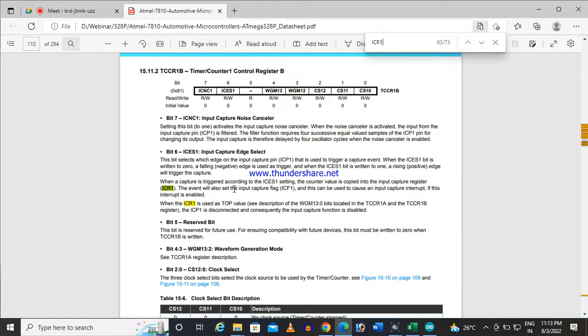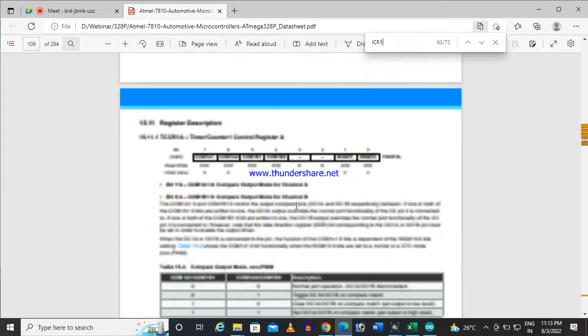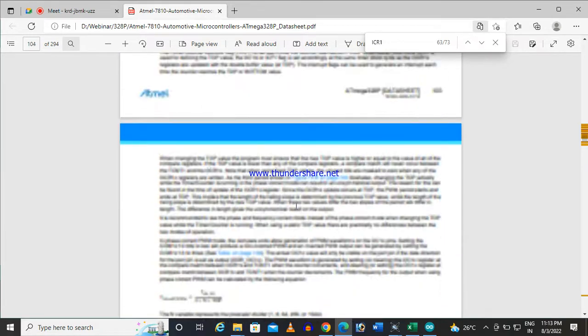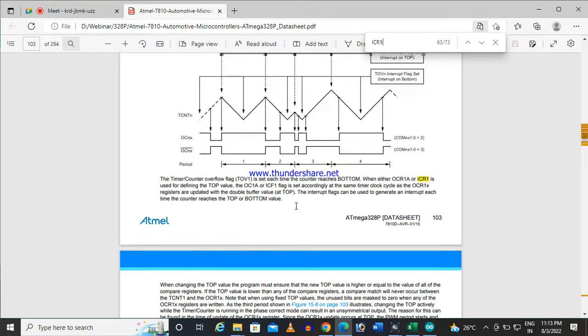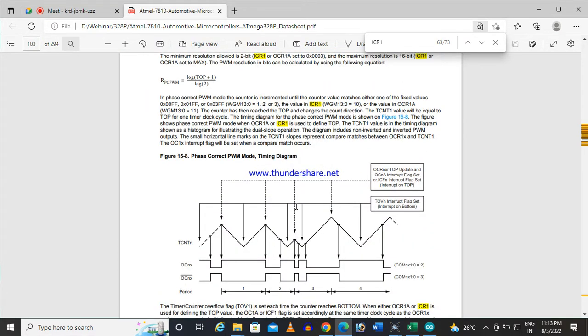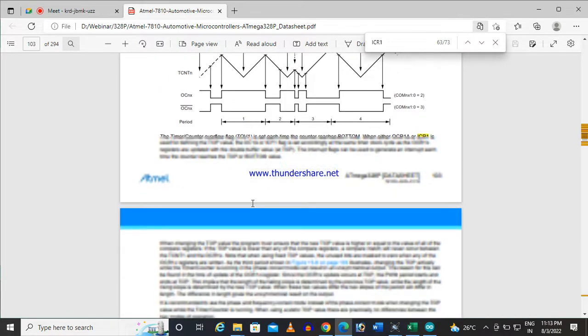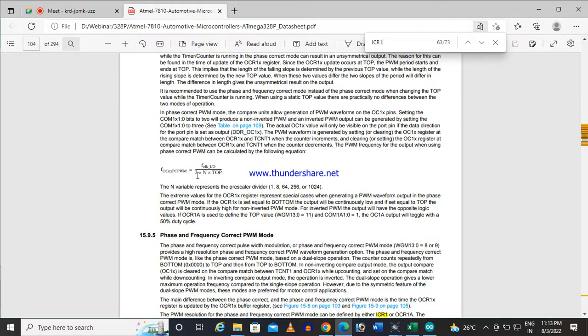Now the question is how the PWM frequency will change. That is given in the data sheet. You see, this is the phase correct PWM mode, this is the timing diagram, and this is the PWM frequency.